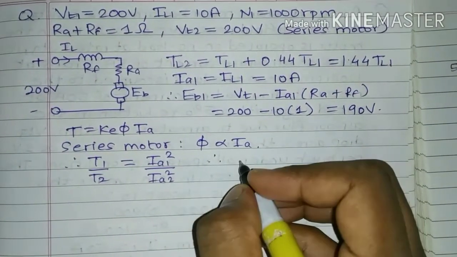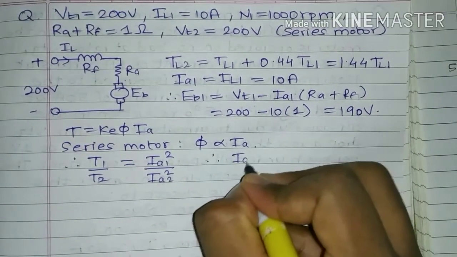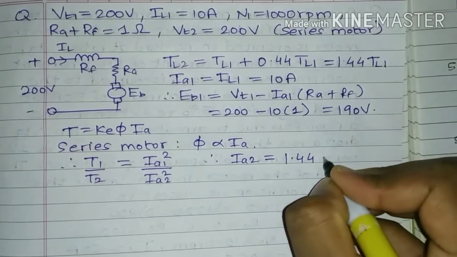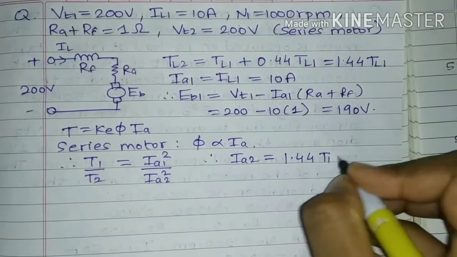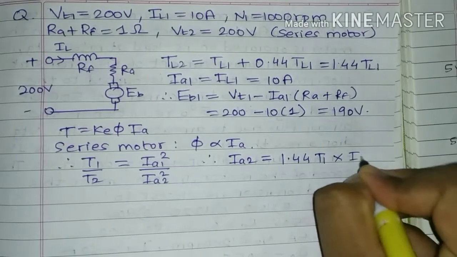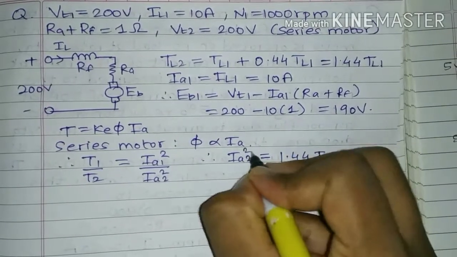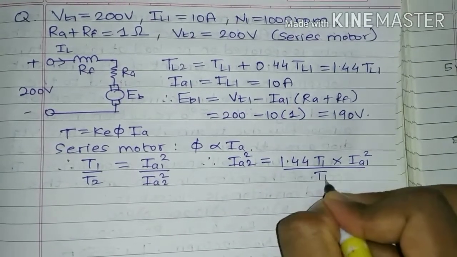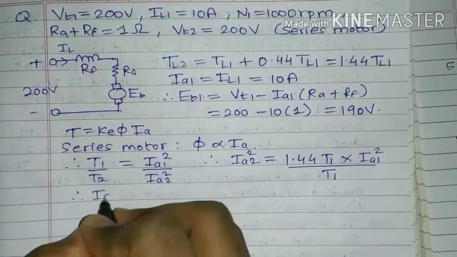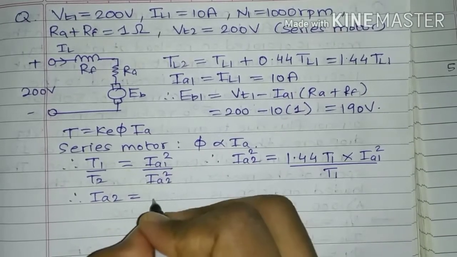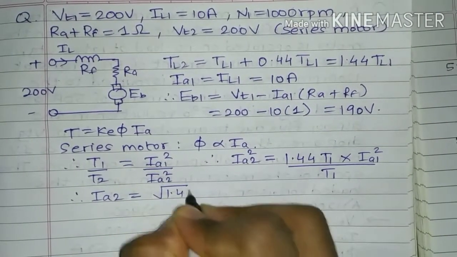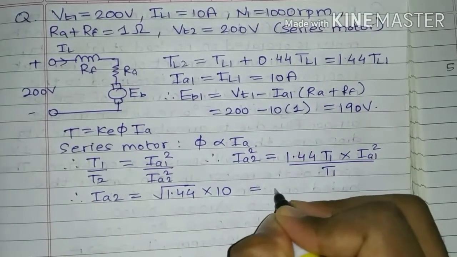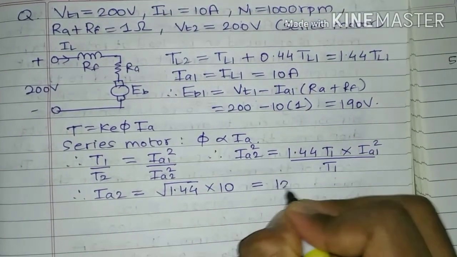Hence Ia2 square is equal to 1.44 T1 into Ia1 square, divided by T1. Hence Ia2 is equal to square root of 1.44 into 10, which is equal to 12 ampere.